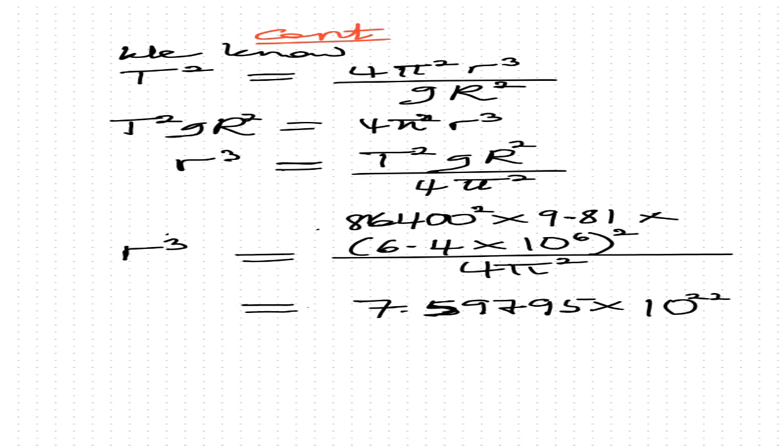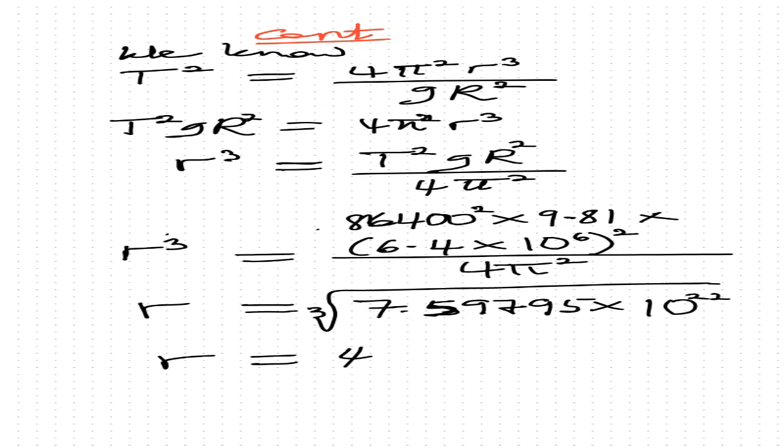Then what do you get for r? You take the cubic root. You get r to be 4,235 ... 4,426.97 meters. That will be our r.